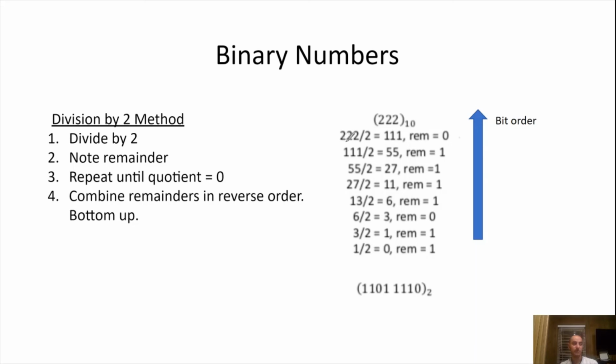When you divide 222 by 2, you're going to get 111, and there will be no remainder. So this is something that is kind of like the first division that you learned. If it was, for example, the number 7, just as a side example, and then you're dividing that by 2, you get 3 for the quotient.